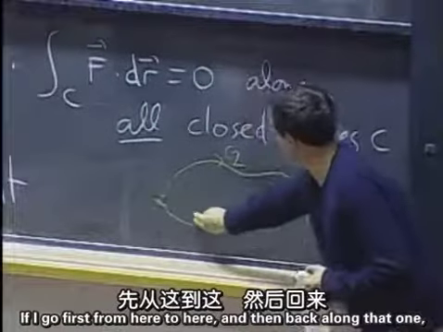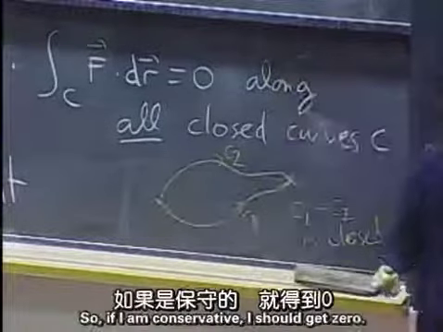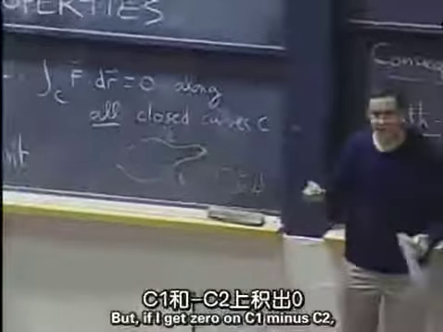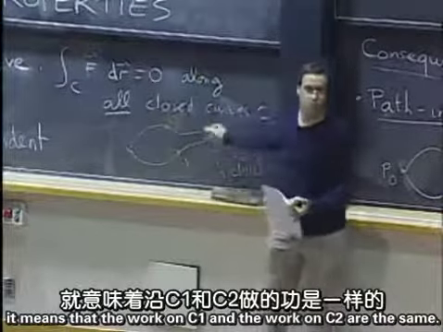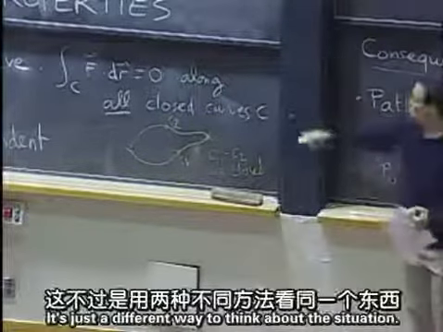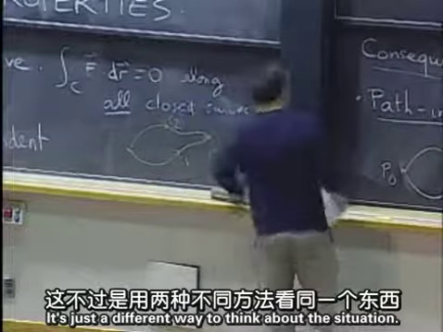If I go first from here to here and then back along that one, I get a closed path. So if I'm conservative, I should get 0. But if I get 0 on C1 minus C2, it means that the work on C1 and the work on C2 are the same. It's just a different way to think about the situation.